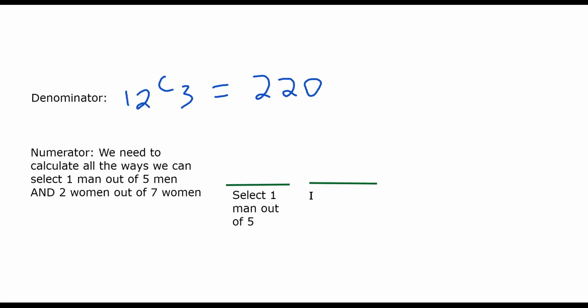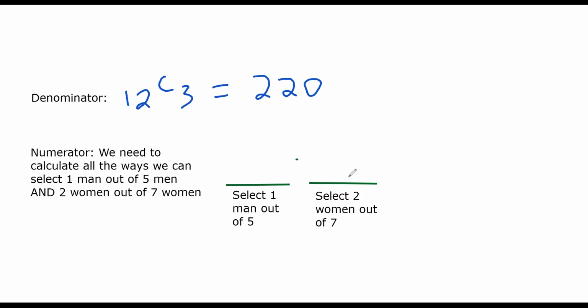Our next task is to select 2 women out of 7 women. We're going to end up multiplying the number in each of these tasks together.